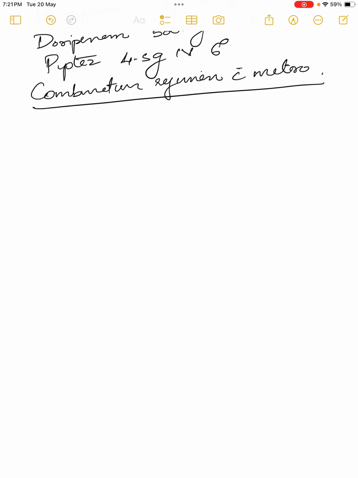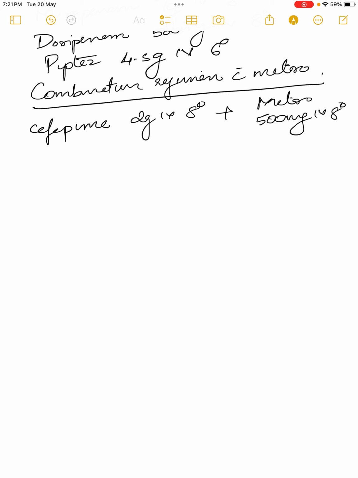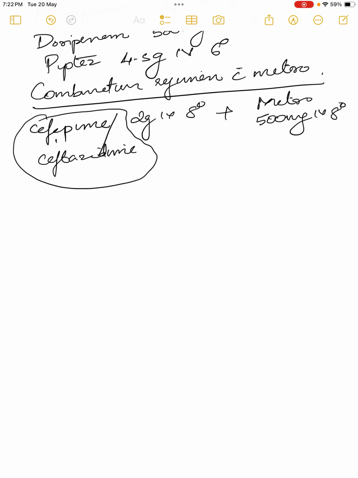So we can use cefepime 2 gram IV 8th hourly plus metronidazole 500 milligram IV 8th hourly, or instead of cefepime we can use ceftazidime also. These two are the Pseudomonas covering cephalosporins. So this is about the antibiotic guidelines in intra-abdominal infections.